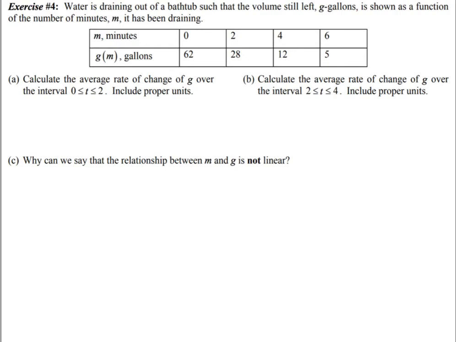If we have water draining out of a bathtub, volume left, G gallons, is based on the minutes M that it's been draining for. Let's do average rate of change, or slope, from 0 to 2. Well, we increased 2 minutes.